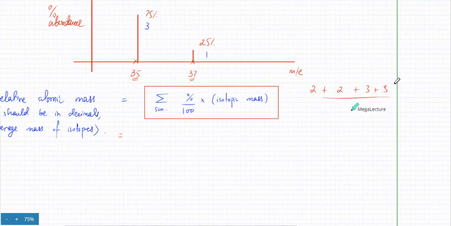But this method would fail if the numbers are too many. If there are 1,000 twos, you can't just do 2 plus 2 all the time for 1,000 terms. So if there are lots of numbers, you have to invent a clever way of doing the same thing.